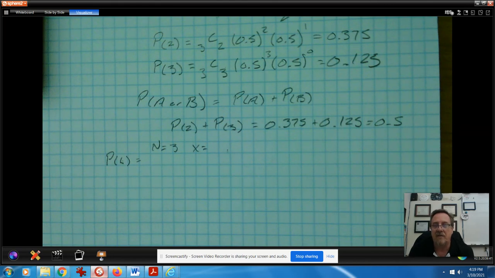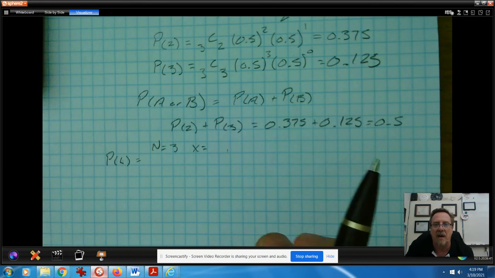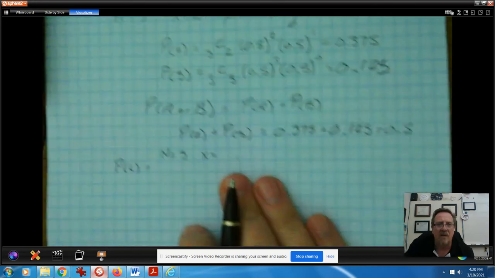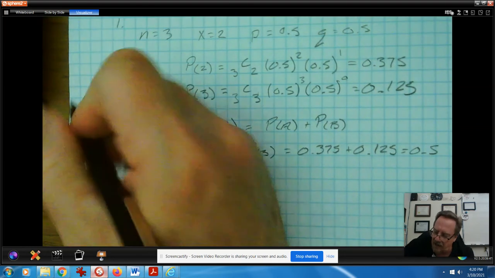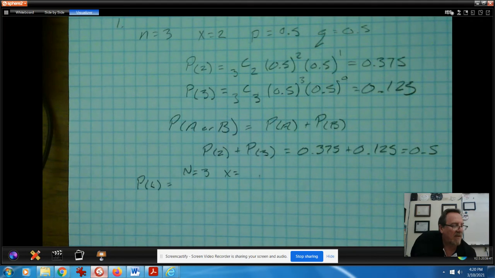And we had this rule that said, if you know what the probability is of something happening, the probability of it not happening is just 1 minus that probability.